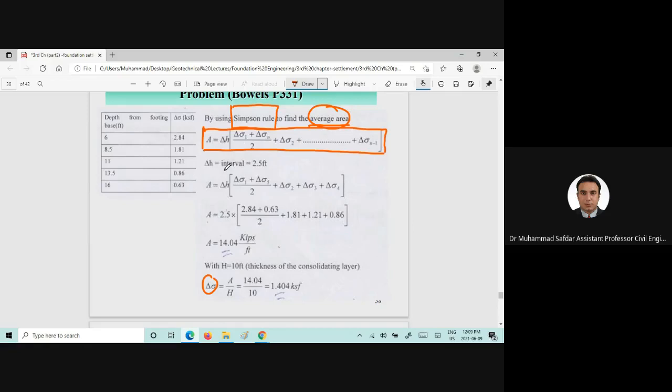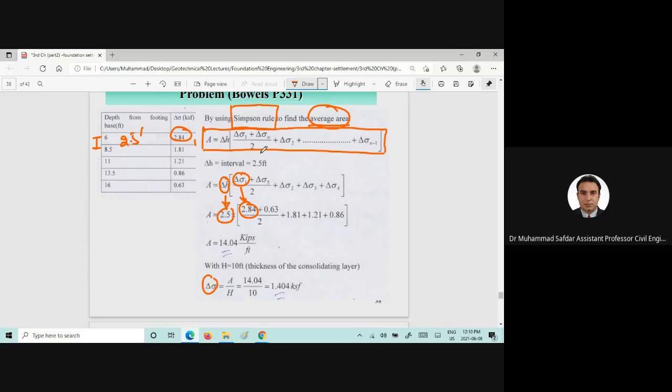So if you see here, it looks very complicated, but don't worry. I will explain. Delta H is the interval of 2.5 feet. So you can insert that 2.5 feet here. Delta sigma 1 is 2.84. That's okay.